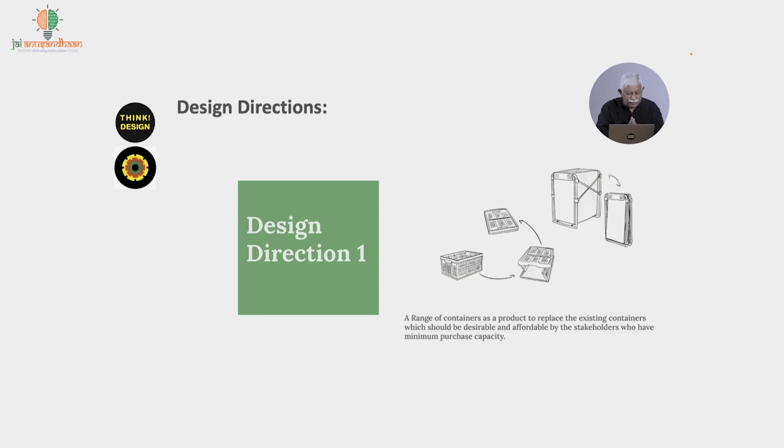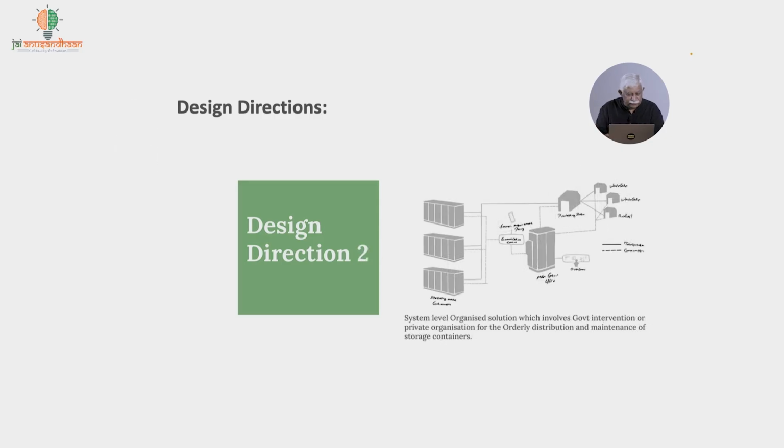Direction 1, you make it out of containers to replace the existing ones, and they should be adaptable and also stackable, you can see it. Design direction 2, a system level organized solution, which involves the government to intervene.